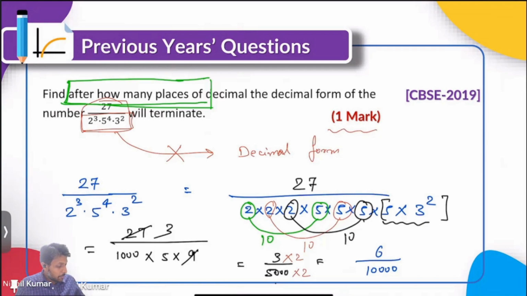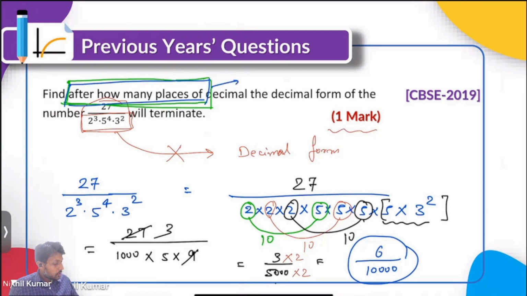Now it's a pretty simple number. You can easily claim that after 4 decimal points, because there are 1, 2, 3, 4 zeros, so after 4 digits, or in other words, this decimal will have 4 digits after the decimal point.